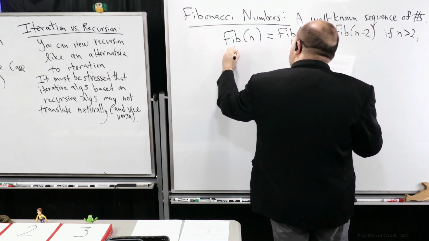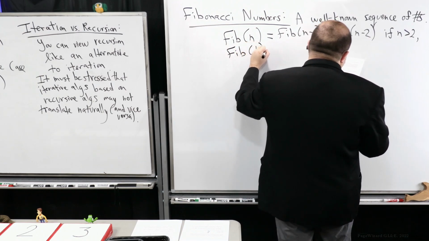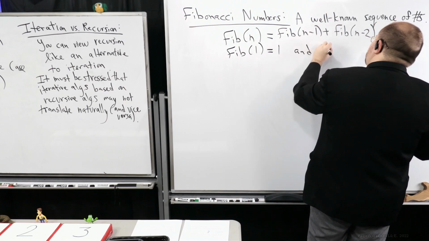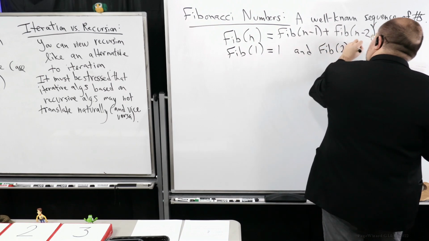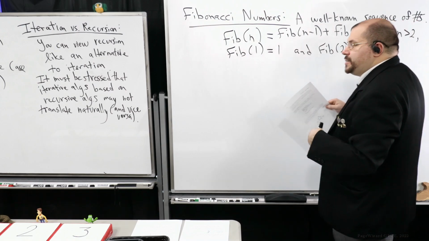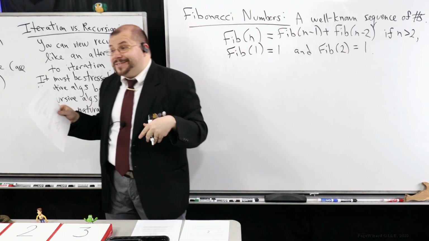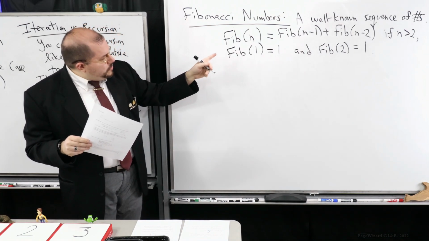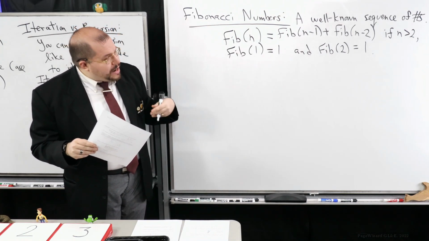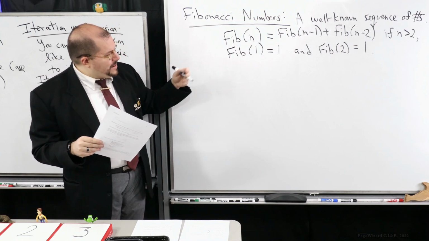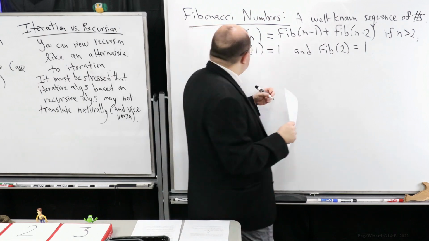And we're going to have fib of 1 equal 1 and fib of 2 equal 1. So just as an example, just so that you can see how this works a little bit, we have the first two Fibonacci numbers here. Now I must stress that you could also define it where the first Fibonacci number is a 0, but we're going to keep it like this.